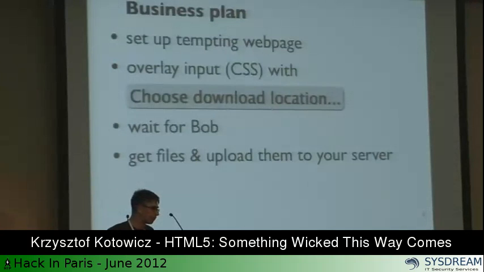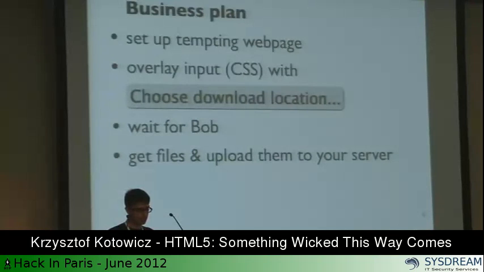So the business plan for pawning Bob would be, let's set up a tempting web page that Bob would be interested in visiting. Let's insert the input type equals file directory element, but overlay the button from that element with a simple choose download location button. Let's just wait for Bob and lure him into clicking that button.